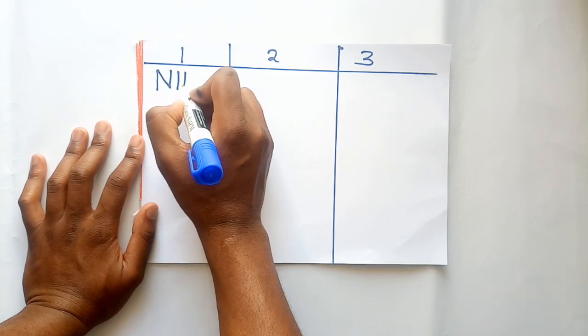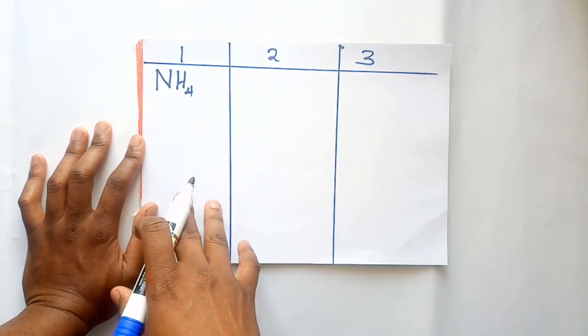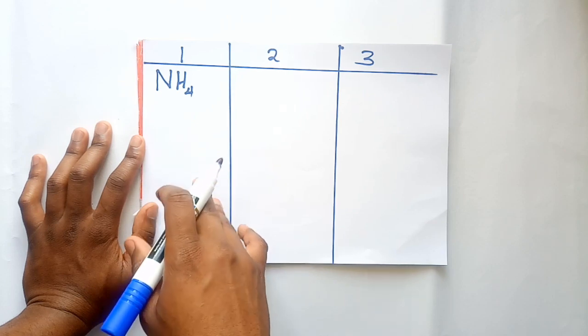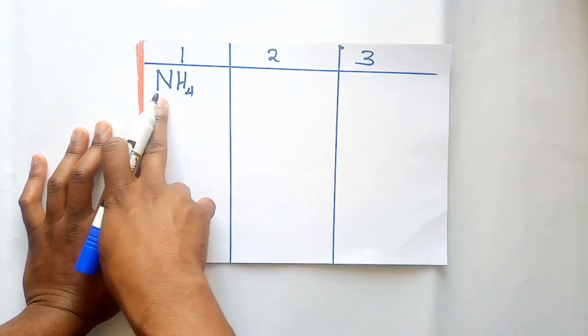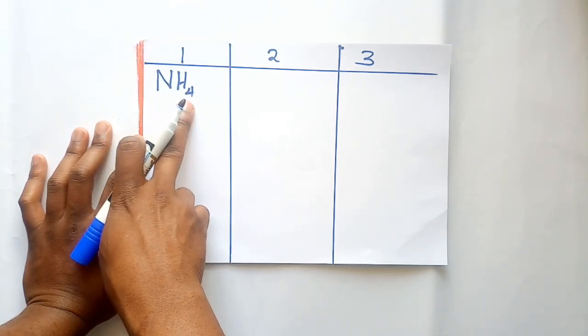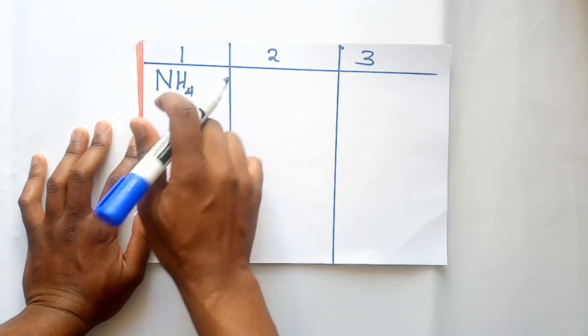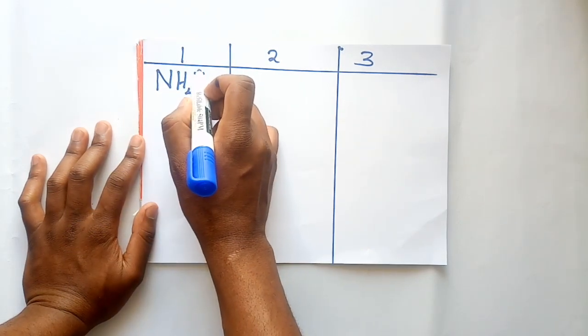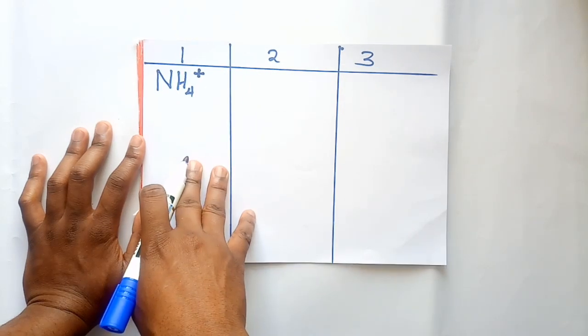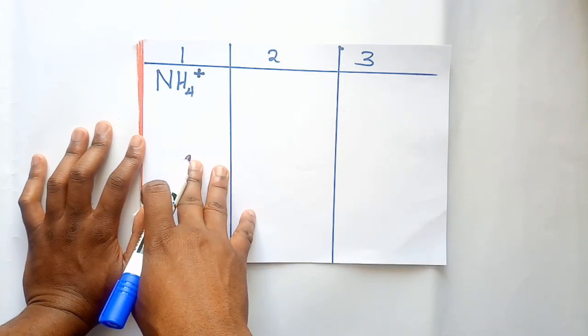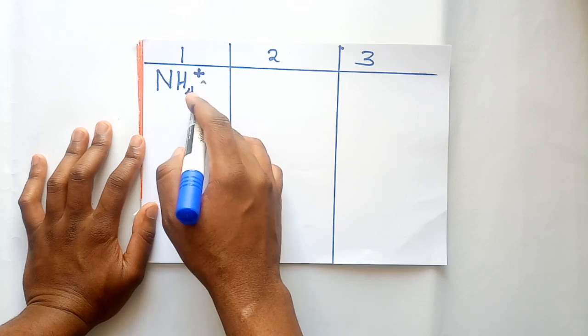Ammonium ion is written as that. As you can see from the formula, ammonium ion is composed of 1 nitrogen and 4 hydrogens, and it has an overall charge of positive. That is why I've grouped it here.